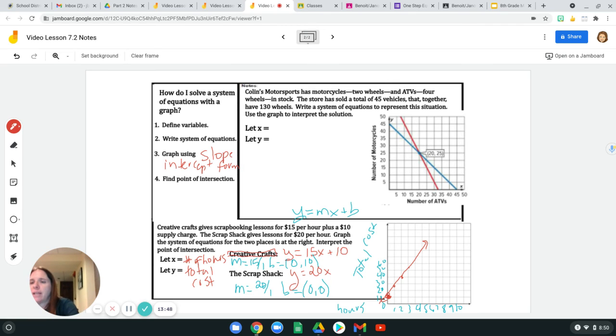All right, now Scrap Shack we're going to do in green. There is no initial charge, so you start at the origin. And every hour you're there, it's $20. So I go up to 20 for 1 hour, over 1. If I'm there another hour, now it's 40 and on to 2. And look at that right there.